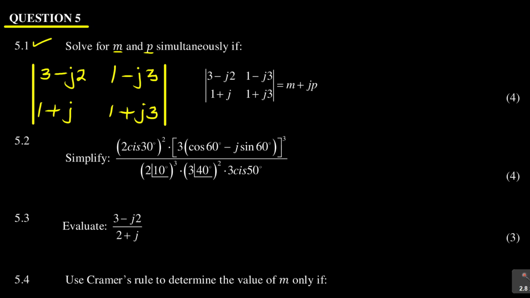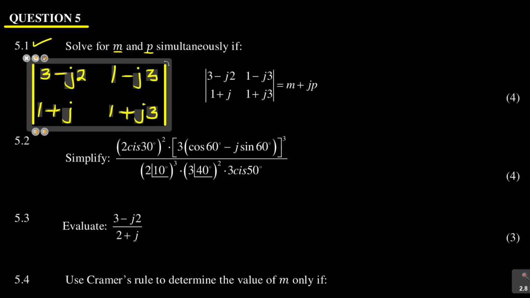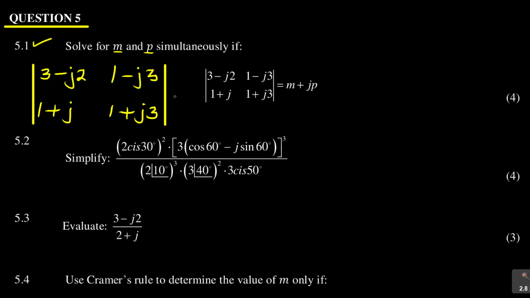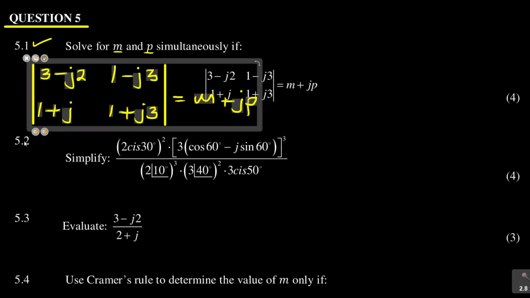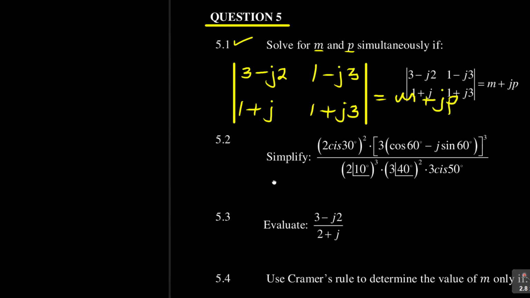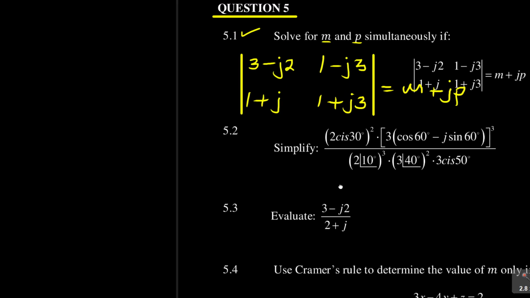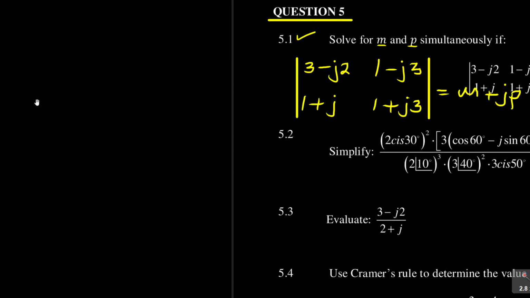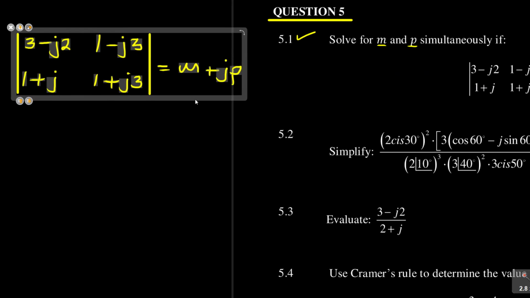You are given that, and then they say this is equal to M plus jP. So I am able to isolate this and take it to this side. How many marks is this? This is 4 marks.